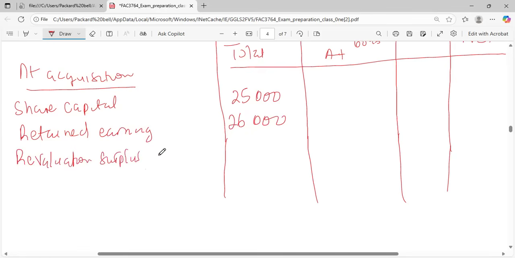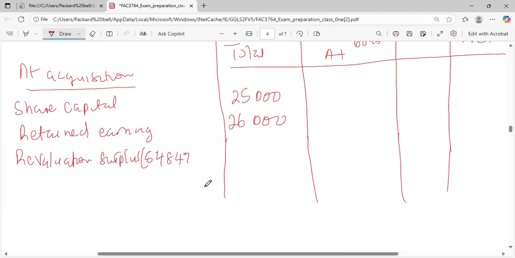Our revaluation surplus is 54,847. What are we going to do with the revaluation surplus?